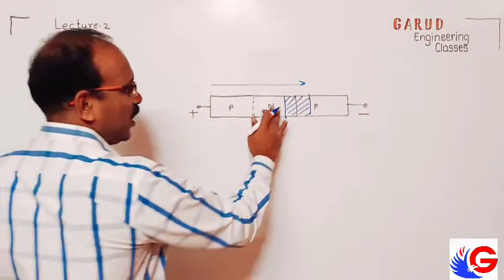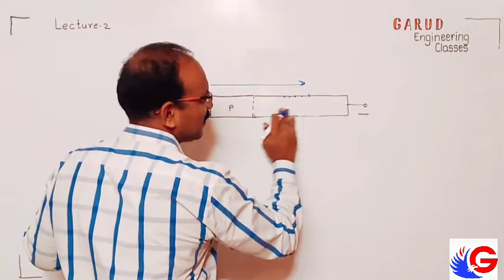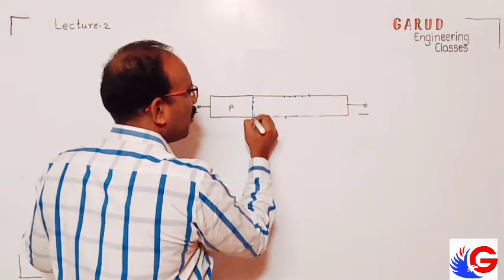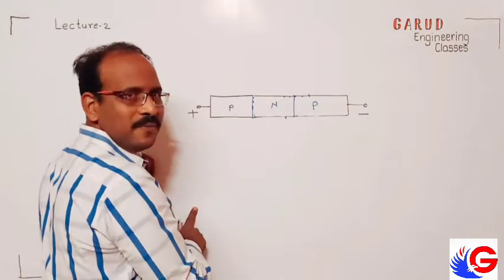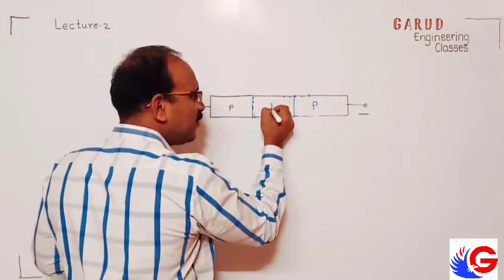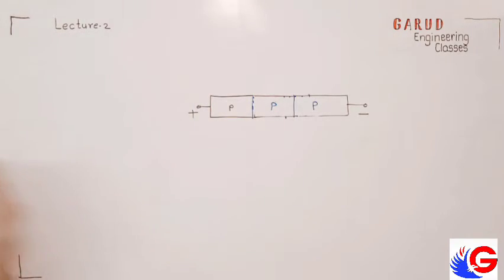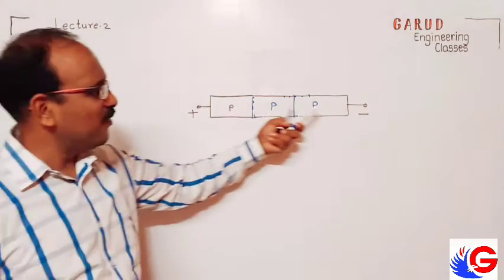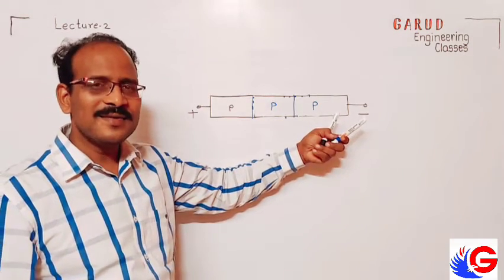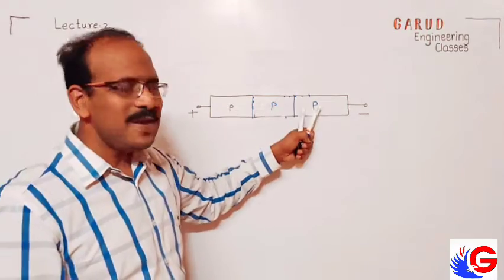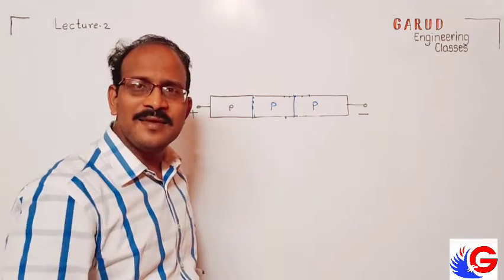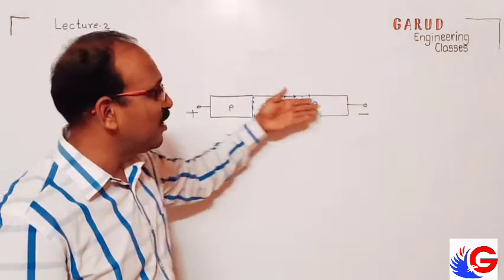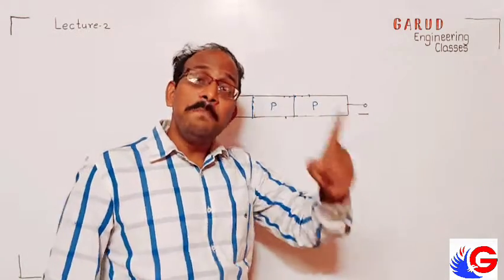Now you tell me what happens if I do like this. Suppose this is P and there is N. But if I make this P, then will current flow? Yes, because this is P. Three conductors are connected in series, which means this whole thing becomes like a simple conductor.